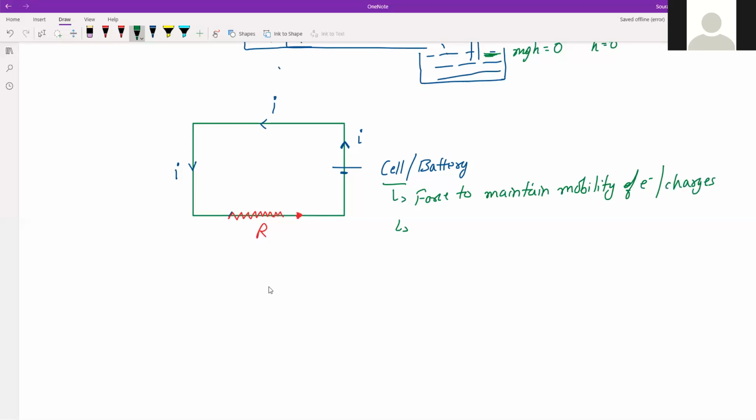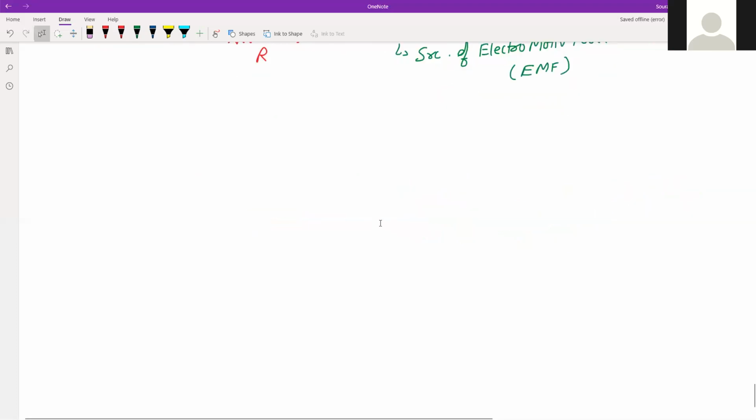So that's why this is called a source of electromotive force, that is EMF, electromotive force, which is actually being provided by this cell or battery. In the same chapter, we'll also study how this battery works. So that is electromotive force, or the source of electromotive force, which is a battery.